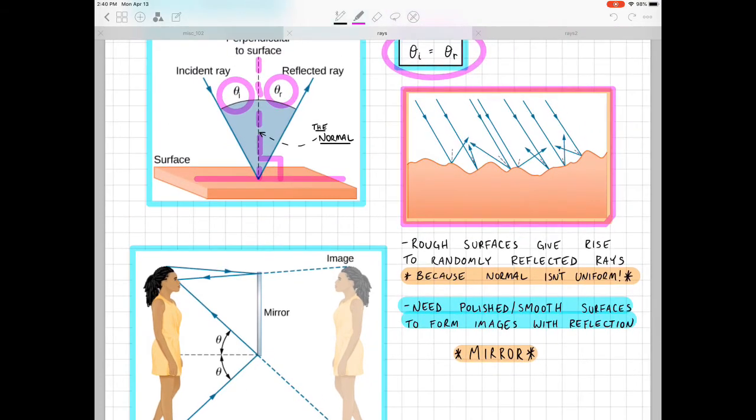In this picture up here, the law of reflection is holding. It's just that the surface is inconsistent, and so you can't really predict which direction any given ray is going to reflect. Whereas if the surface is completely smooth, then all of the reflected rays would be at that same incident angle.